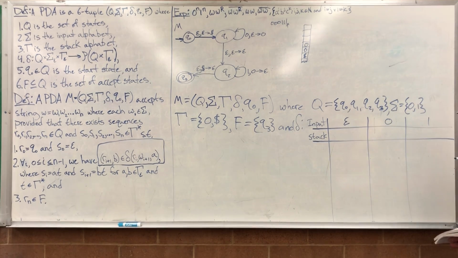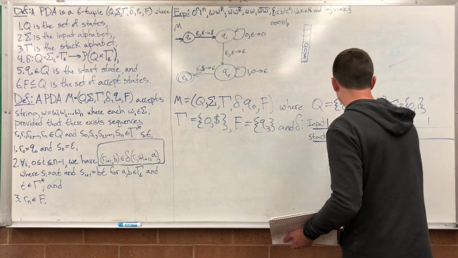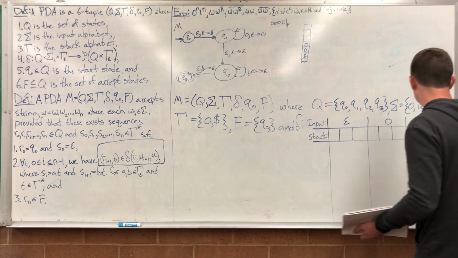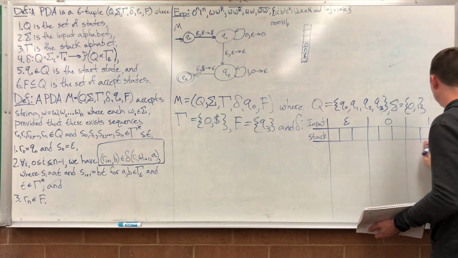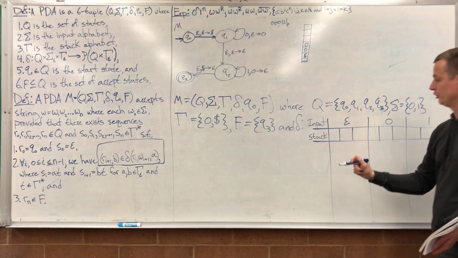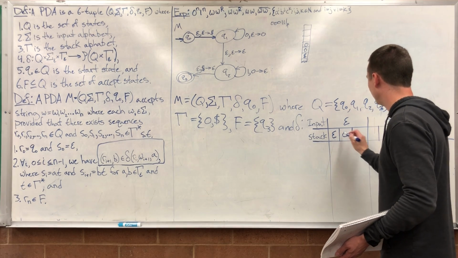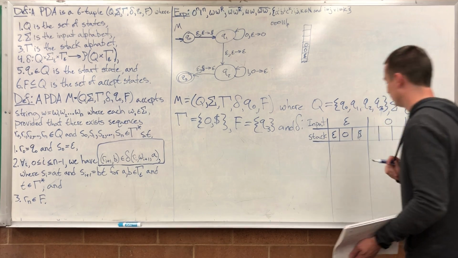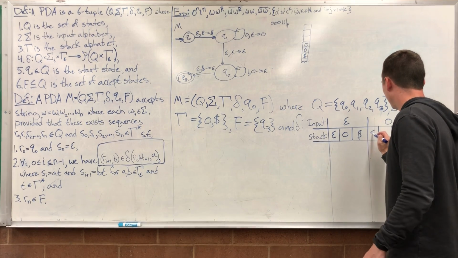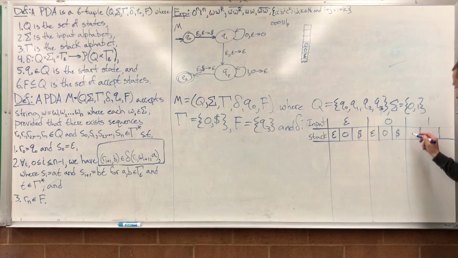And for each input, we have 3 possible things that we pop off the stack. When we read the empty string, we could pop the empty string off the stack, we could pop 0 off the stack, or we could pop $sign off the stack. Similarly when we read a 0, and when we read 1, same thing.